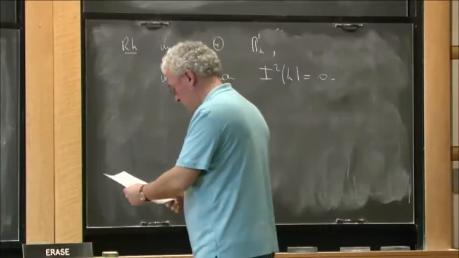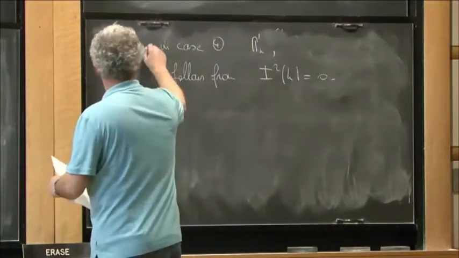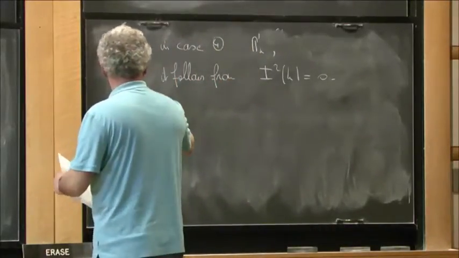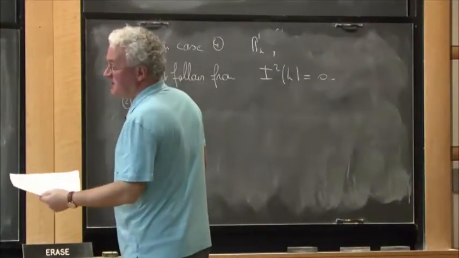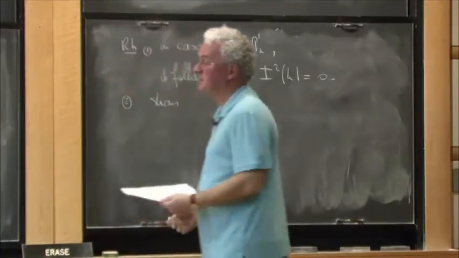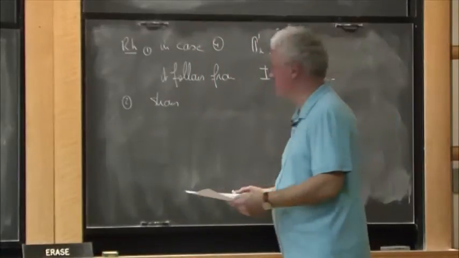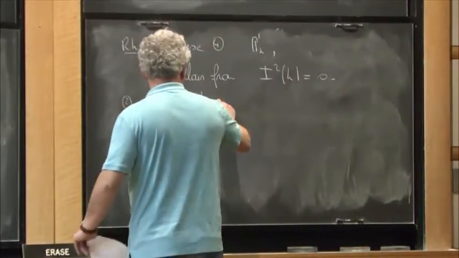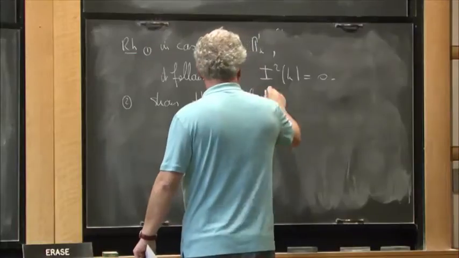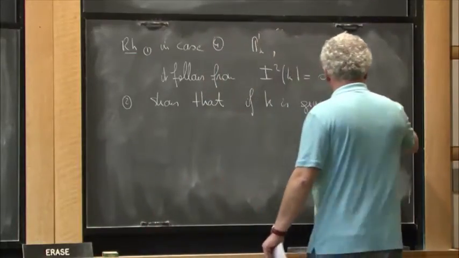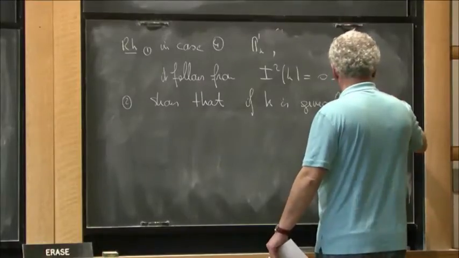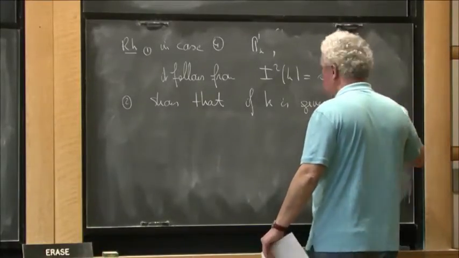This example shows that there is basically no reason to believe there is a theorem when k is not algebraically closed. If k is general, there is no general analog.